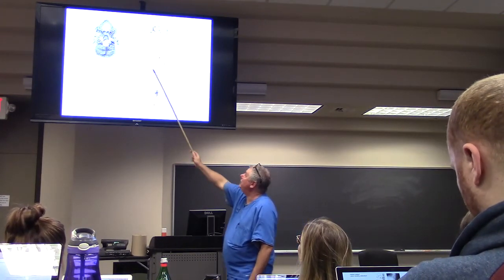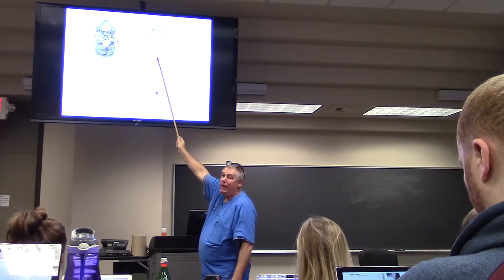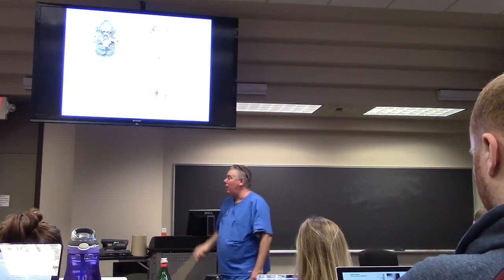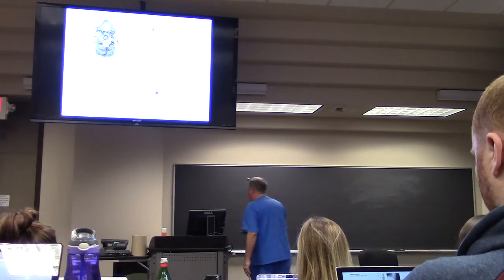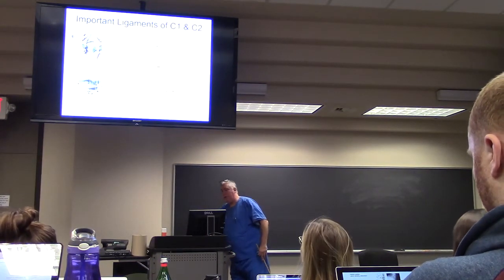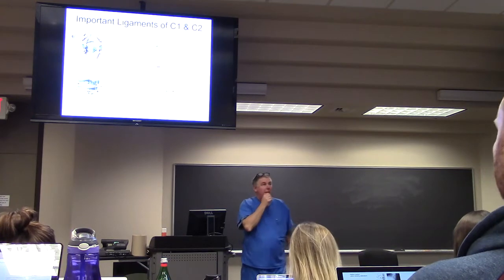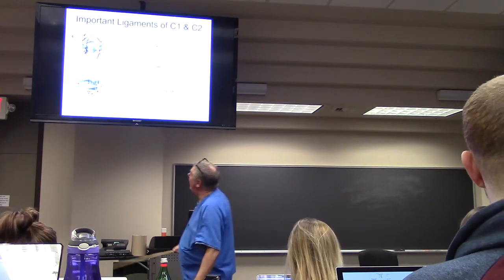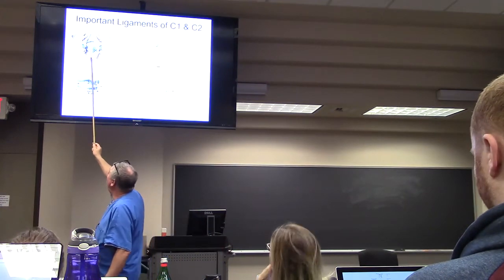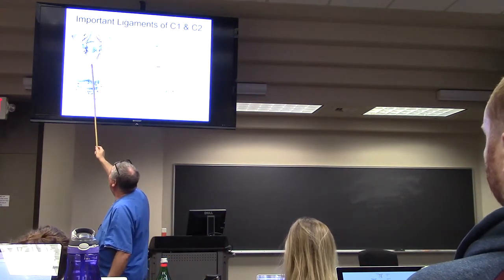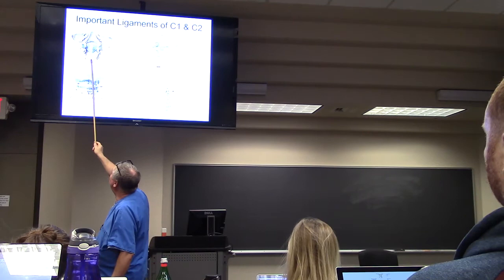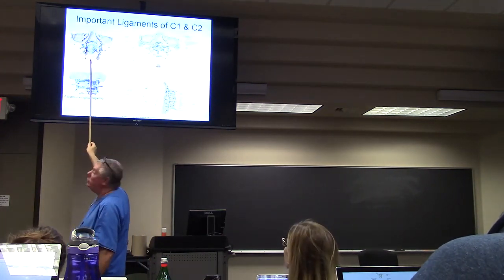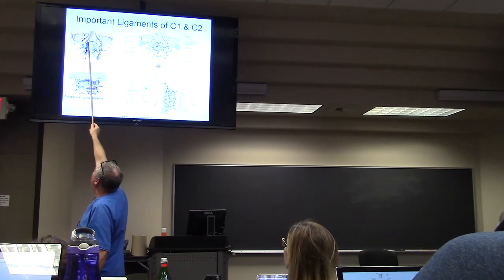There's one other thing you want to see right here on the dens. There's a little groove there. It's the attachment for the alar ligaments, and I'll show you those right now. To get where we are, we've removed the laminae, and we're looking at the posterior longitudinal ligament right there, which gives rise to the tectorial membrane that's been cut.